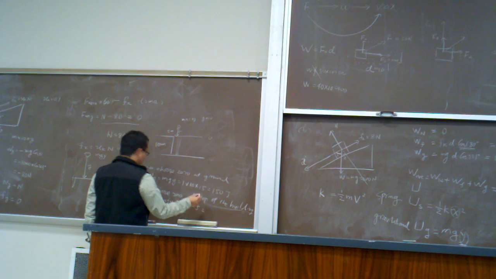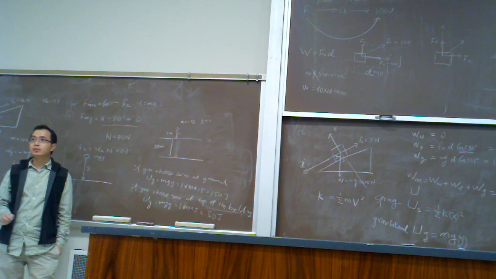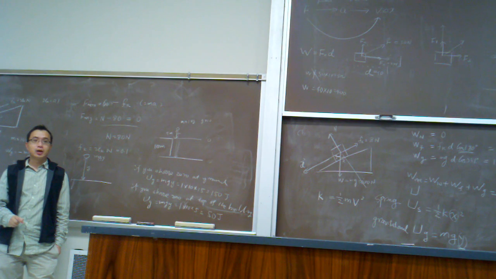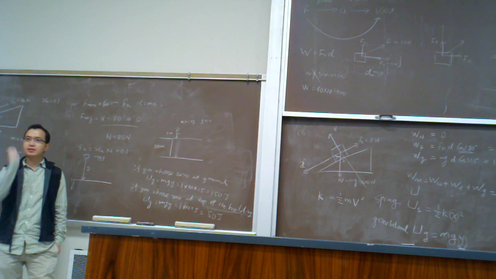Then in this case, the gravitational potential energy is 50 joule. This is completely correct. The value for the gravitational potential energy depends on your choice.